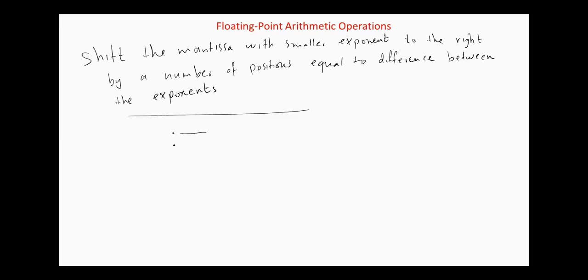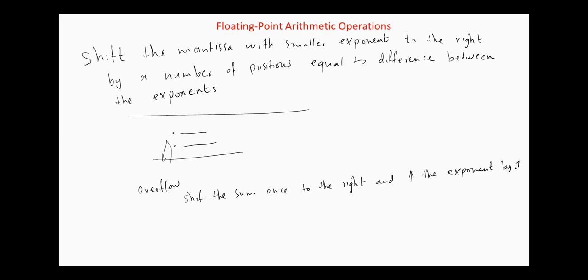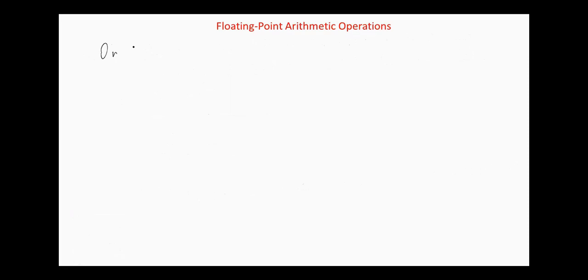When we add two normalized mantissas, an overflow may occur, and it can be corrected by shifting the sum once to the right and incrementing the exponent by 1. On subtraction, we may have an underflow. For example, the difference is 0.032.